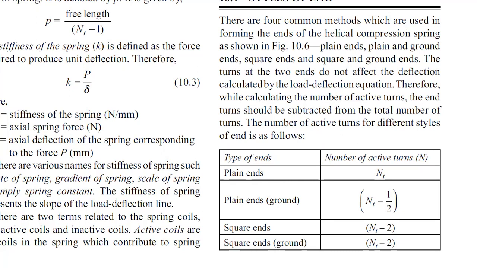So how will you get the value of N? Before that, you must have the value of NT. NT means total number of turns.